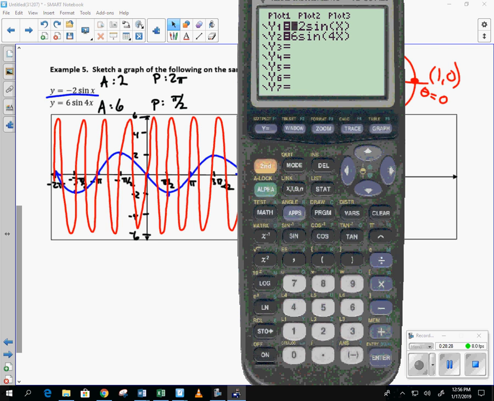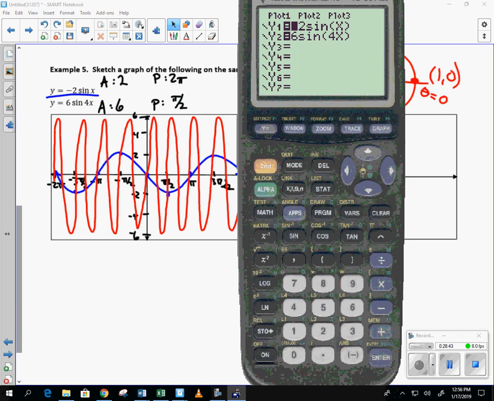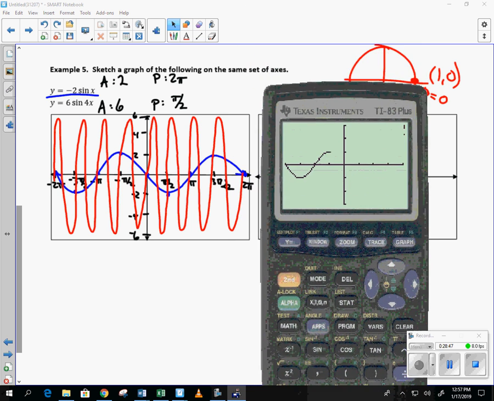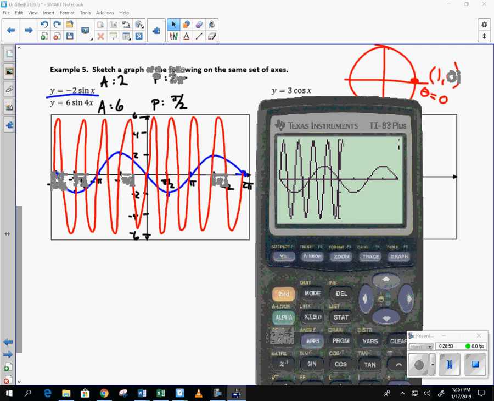And when I go to my window, I make my x min negative 2 pi, my x max positive 2 pi, my scale every pi over 2, my y min negative 6, y max positive 6, and y scale every 2. And I press graph. And when I do, you can compare these two and decide how accurate our graph is. Yeah, I think it's spot on.